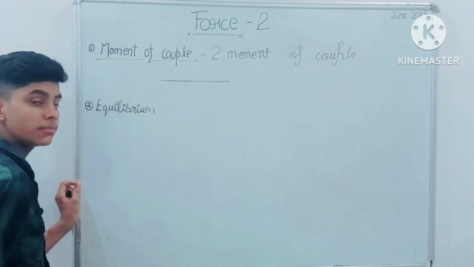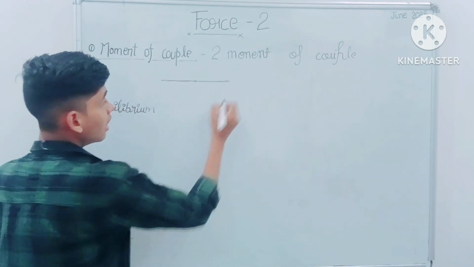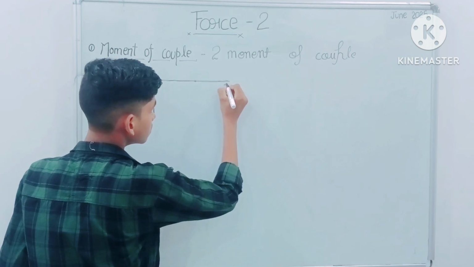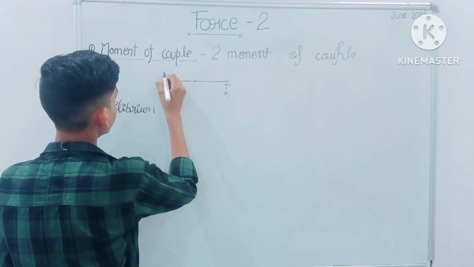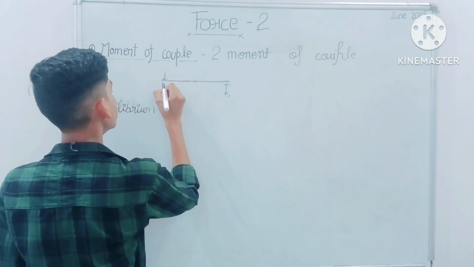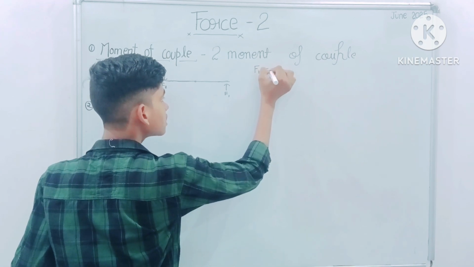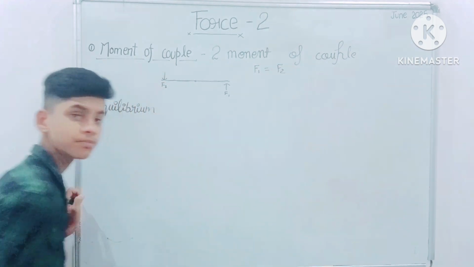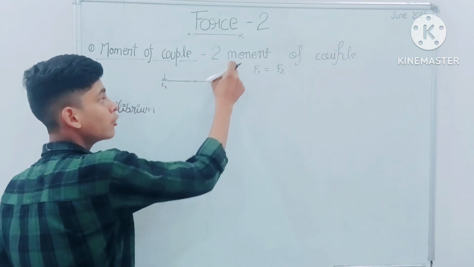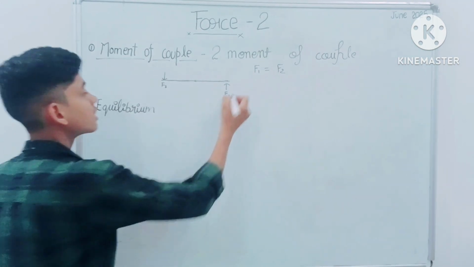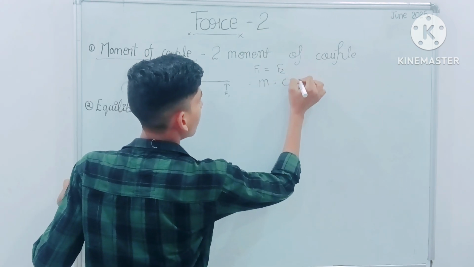This is the fixed point. We have applied a force from here, F1, and a second force here, F2. Let's say F1 is equal to F2. If F1 is equal to F2 and they are in opposite directions, then it is known as moment of couple.